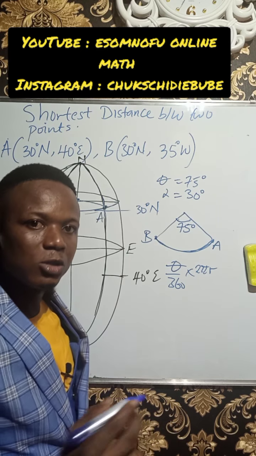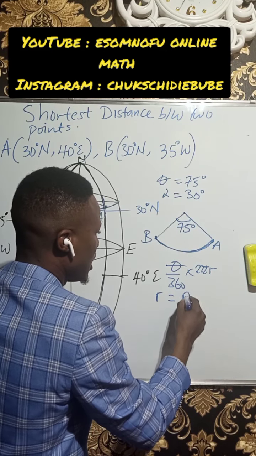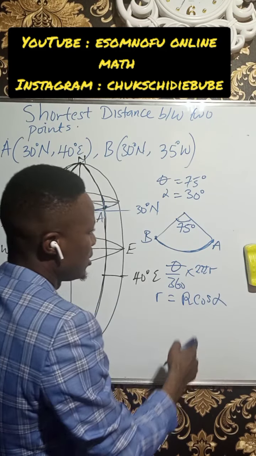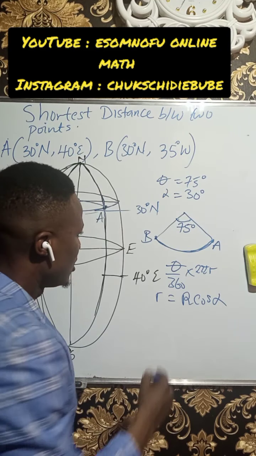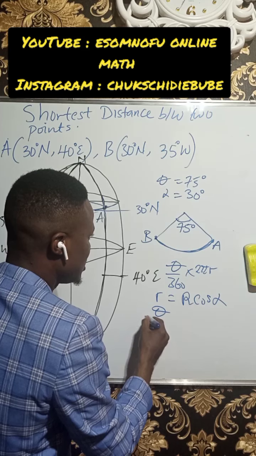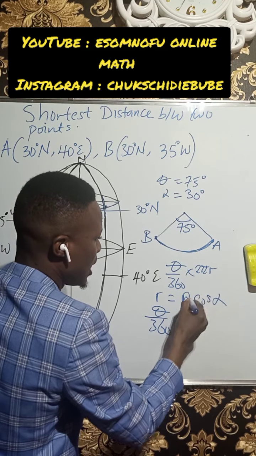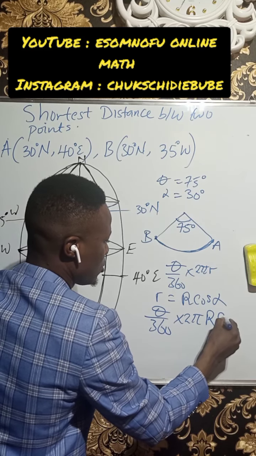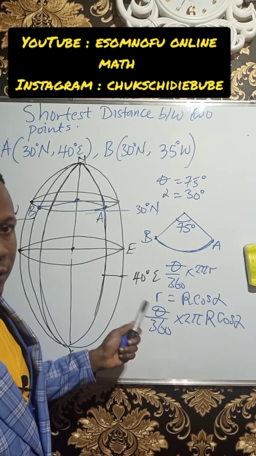But remember, I told you in my previous videos that small r is equivalent to R cos alpha. Therefore, here I'm seeing small r, I will remove it and put R cos alpha. Hence, the distance is theta over 360 times 2 pi R cos alpha. This is the formula for getting distance along a parallel of latitude.